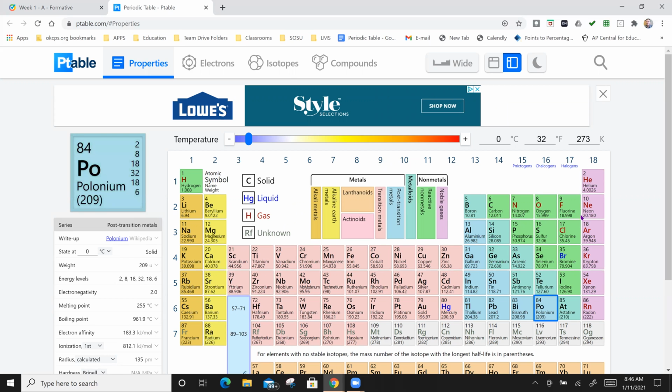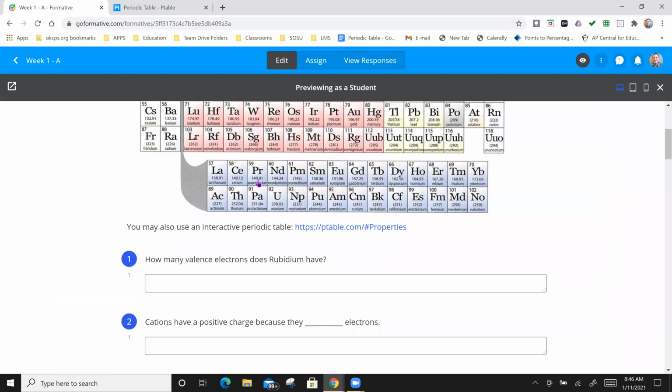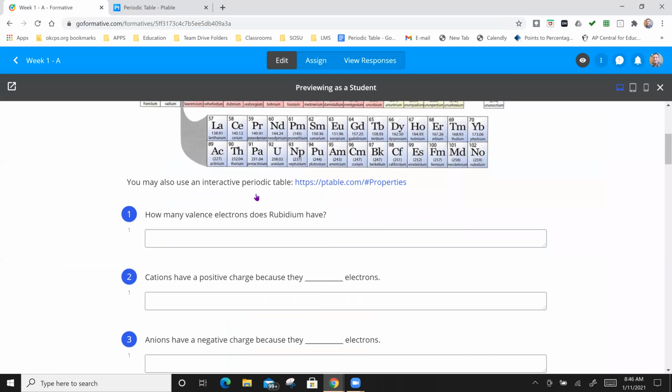So when you look at a group for representative elements, the number of valence electrons are always going to be the same, with the exception of helium. So neon is 8, all those are 8. And so that's how you know. You just look at your periodic table and look for the bottom number, and that tells you the number of valence electrons. That will not only help you on questions 1 through 9, but it will also help you on the remainder of the assignment as well.